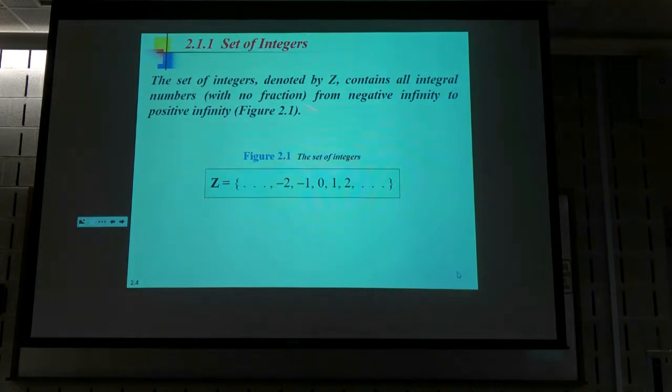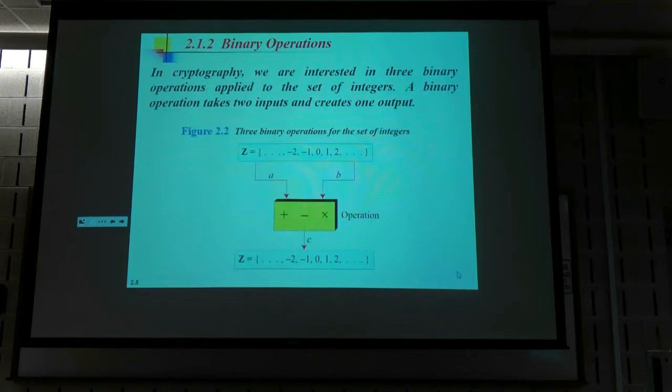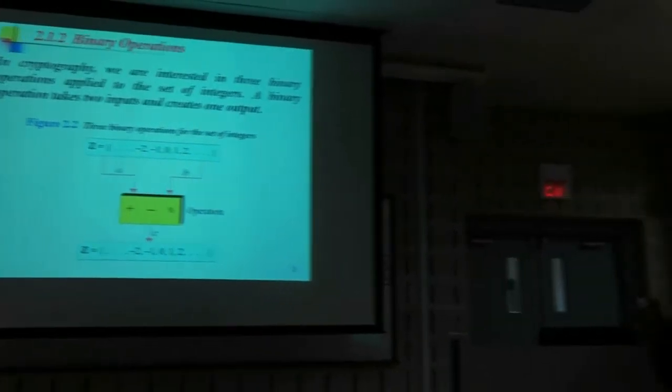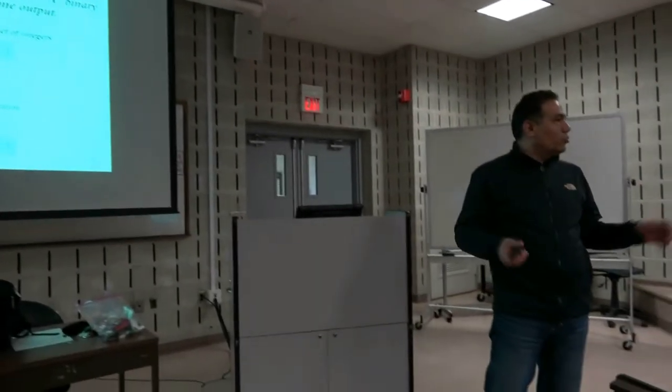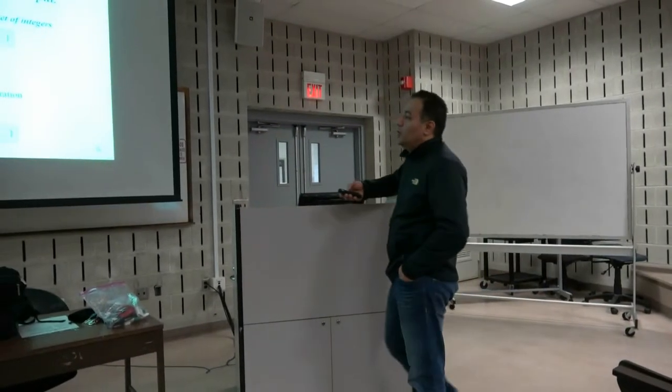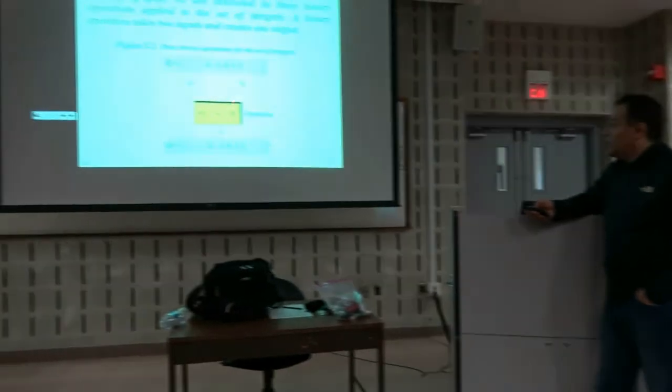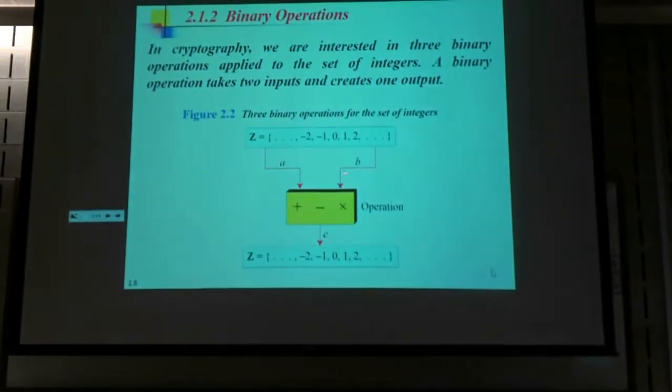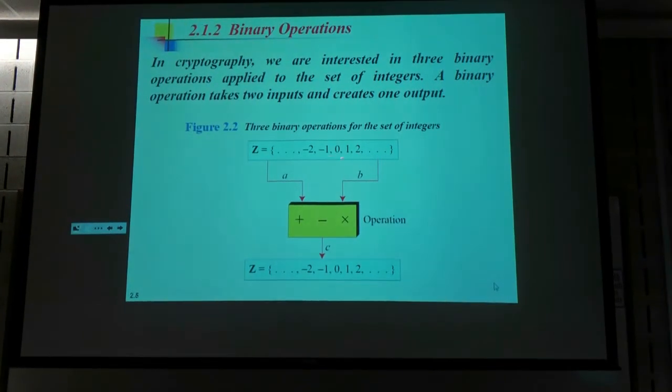As you know, the set of integers Z has positive and negative numbers, including 0. No surprise to you, right? All right. So what are binary operations? Binary operation means there are two sides and an operation to do on the two sides. I'm sure you know addition, subtraction, and multiplication. Usually you do a binary operation on two integers, and the result will be part of the Z set.